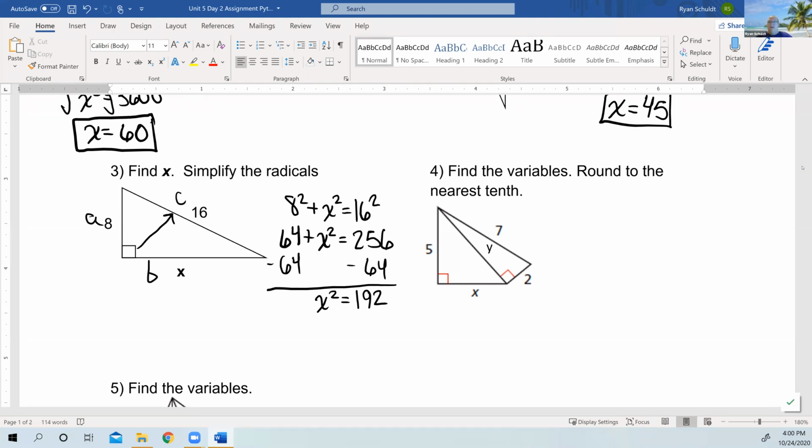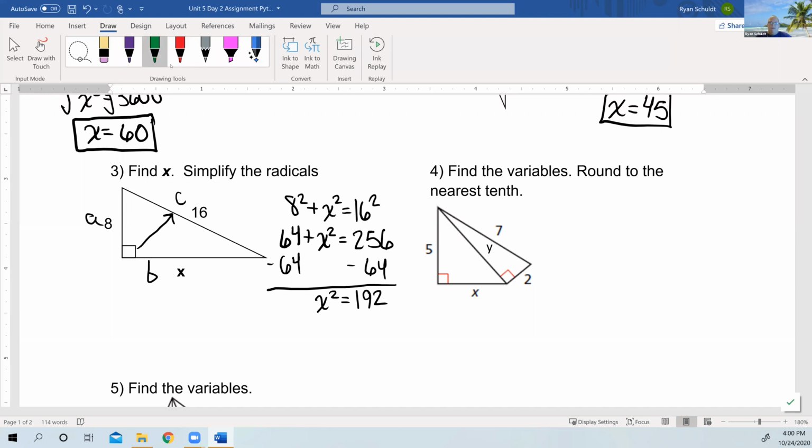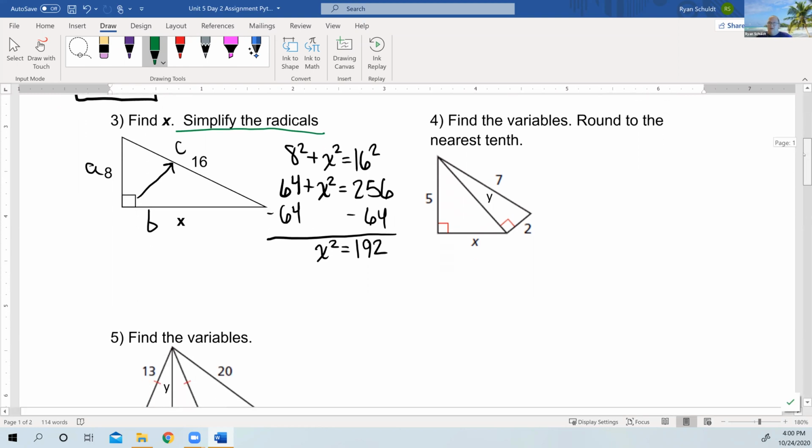Now, if you're like me and you look at 192 and you're like, dude, I don't know what goes into 192. I know it says you got to simplify the radical, but how do I know what goes into 192?